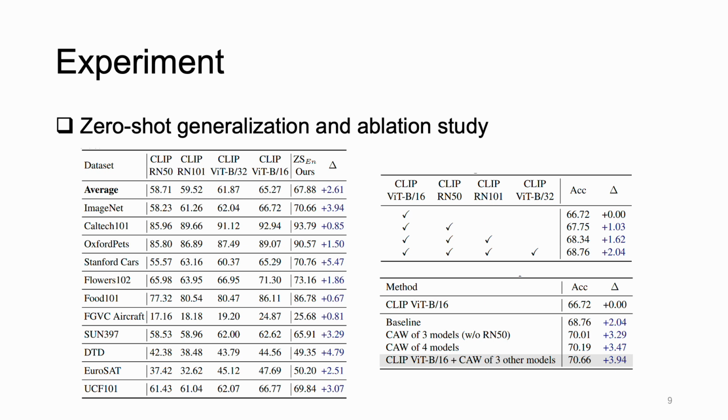Actually, from the averaged accuracy, we can see our ensemble learning can surpass the best single model by 2.61. So it's a lot. In the right table, we show the ablation study: when we increasingly add models, the performance improves gradually.